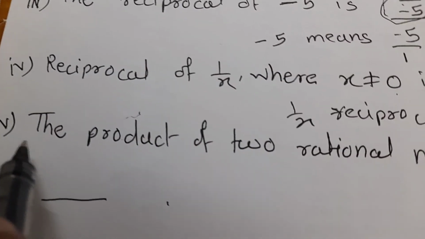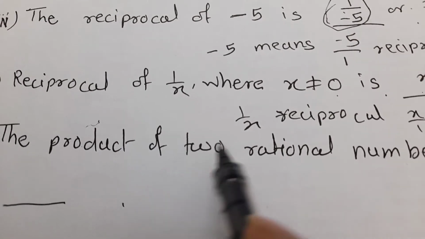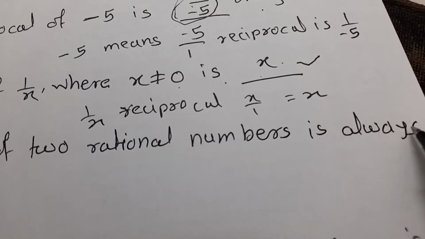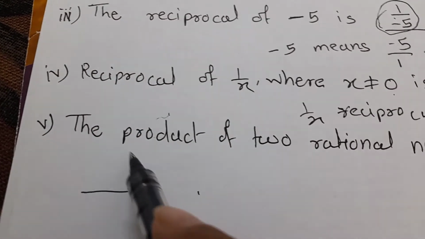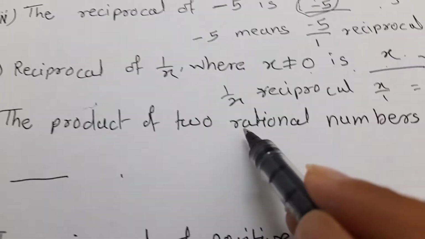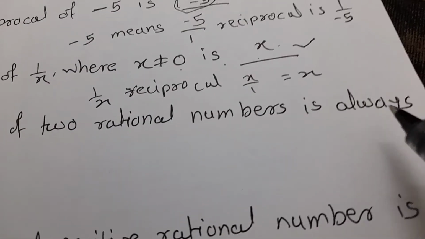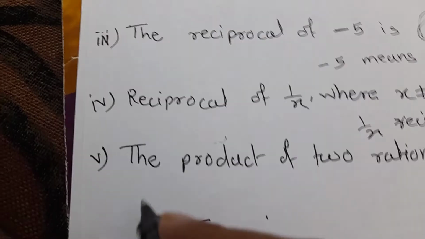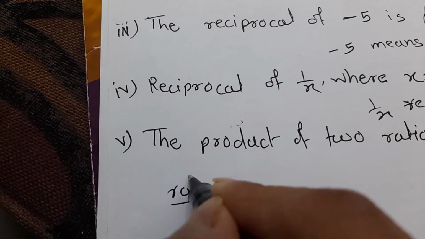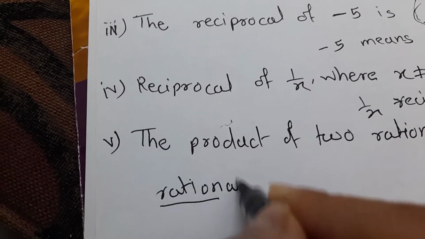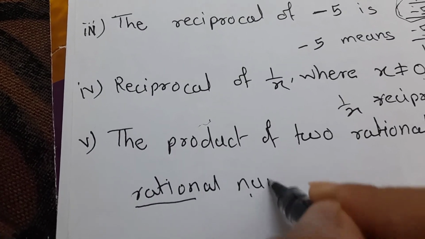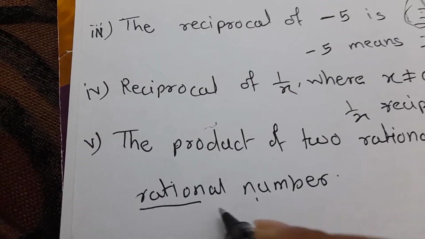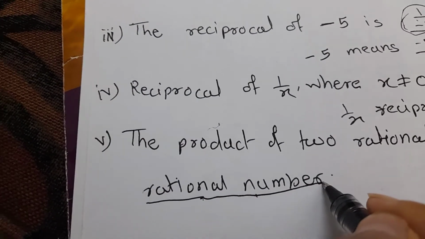Now fifth, the product of two rational numbers is always a rational number. We have seen this property in previous videos.